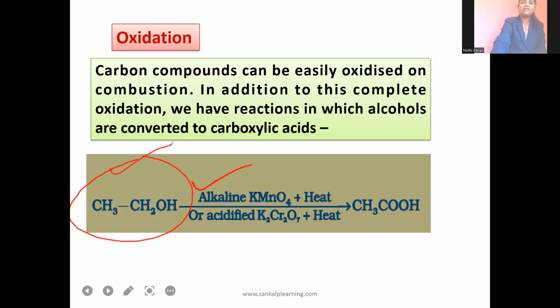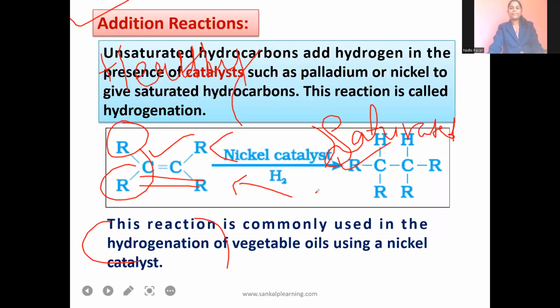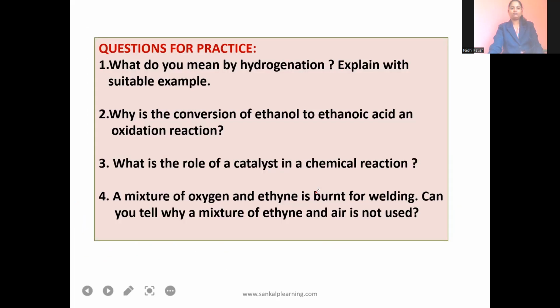Then, what is the role of a catalyst in a chemical reaction? A mixture of oxygen and ethane is burned for welding. Can you tell why a mixture of ethane and air is not used? That we have to write. Think over it and then answer.